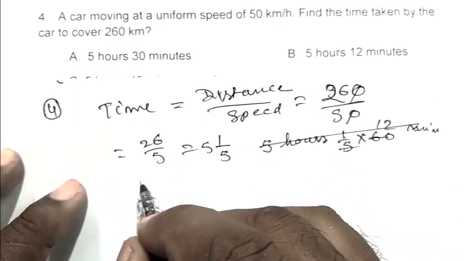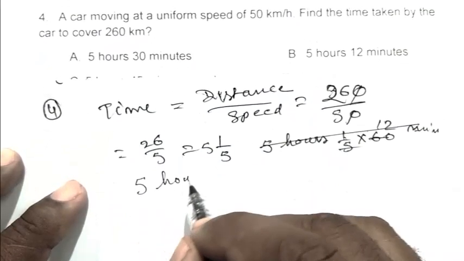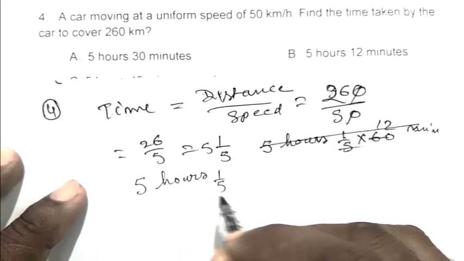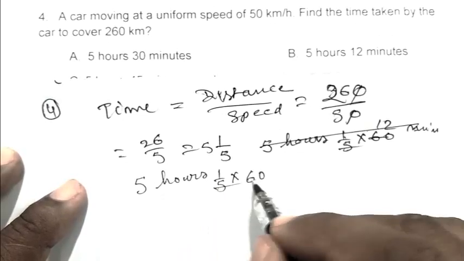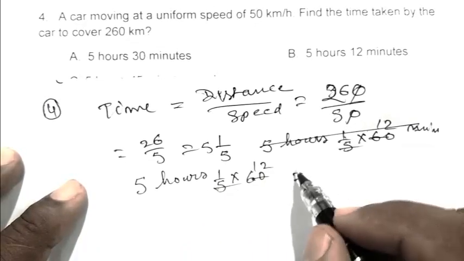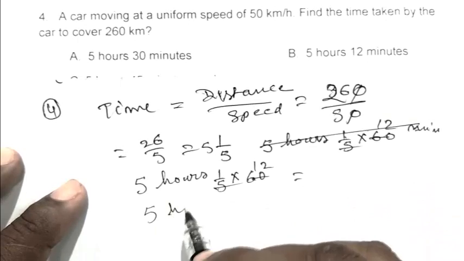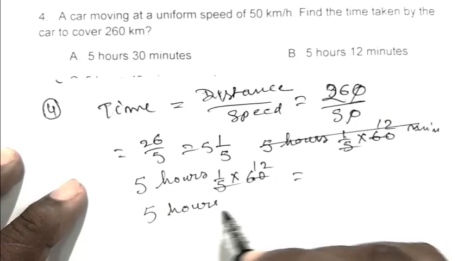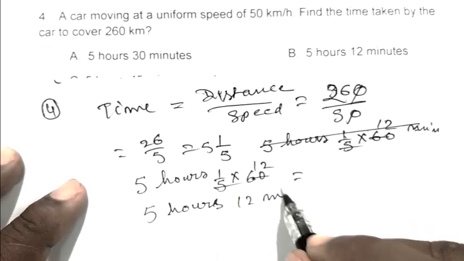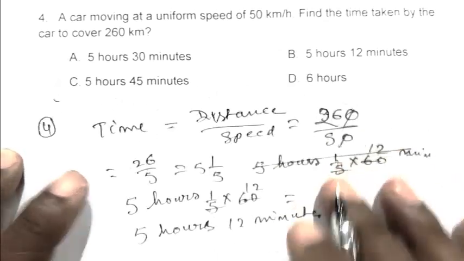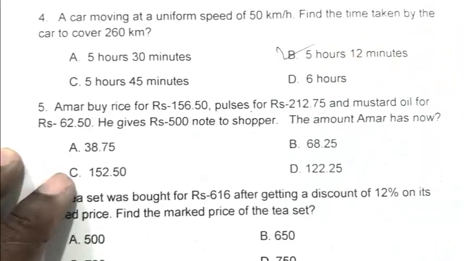So that is 5 hours, 1 by 5 into 60, that is 5 hours 12 minutes. So B is the right answer.